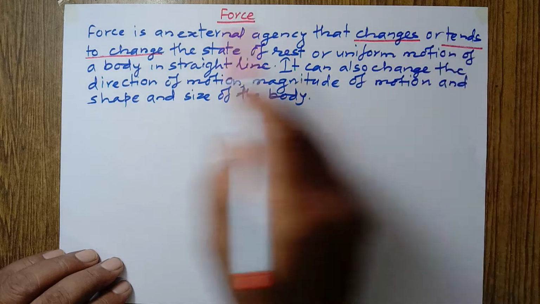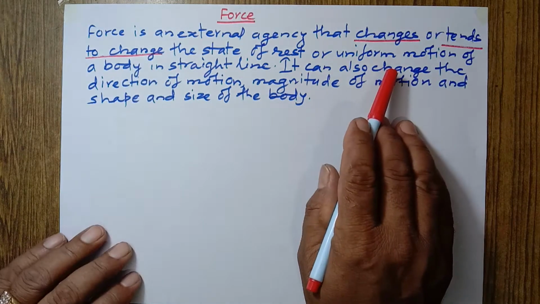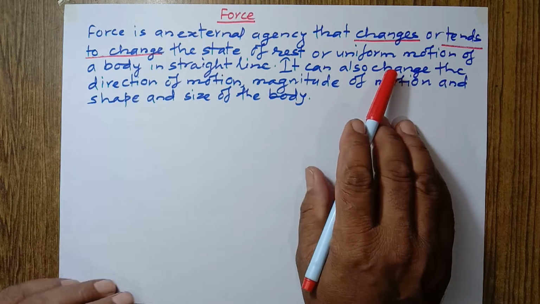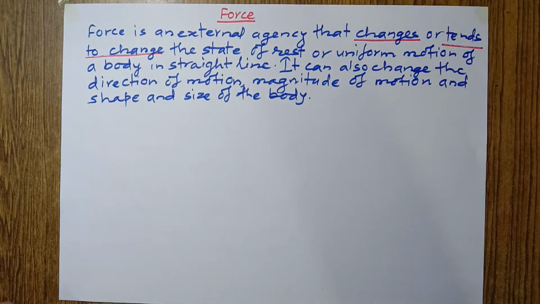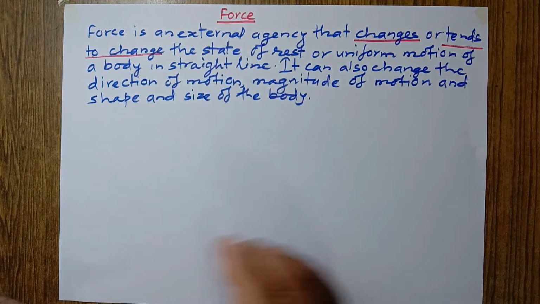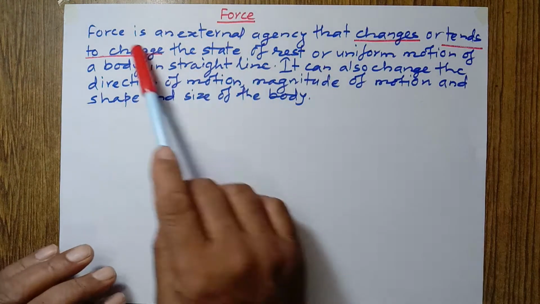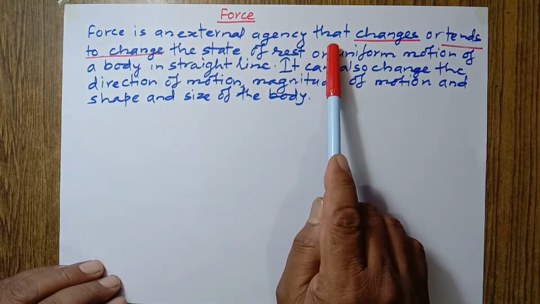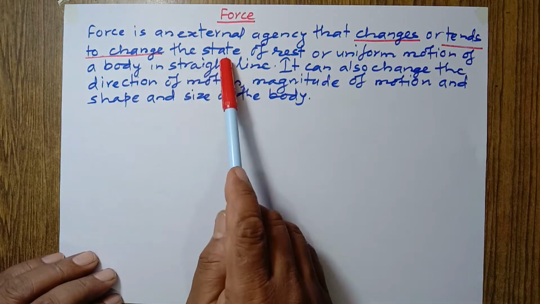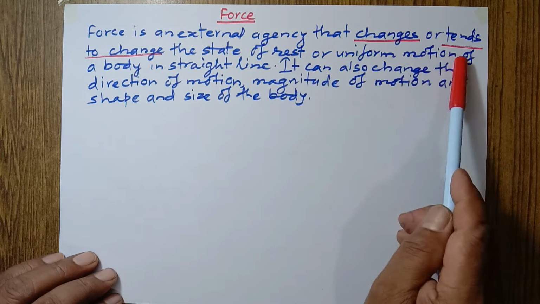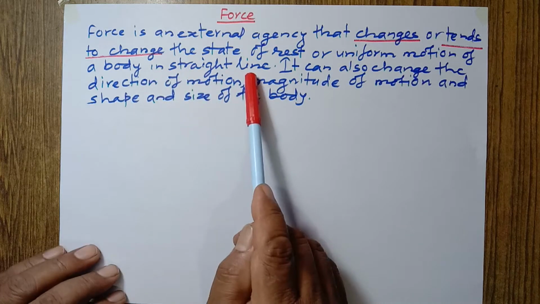That's why tends to change. And sometimes what happens, if you want to stop a moving car by using force, then you will not be able to change its state. That's why force is an external agency that changes or tends to change the state of rest or uniform motion of a body in a straight line.